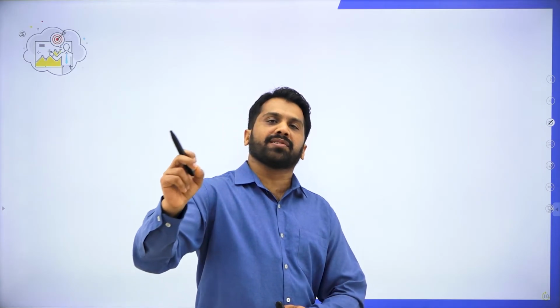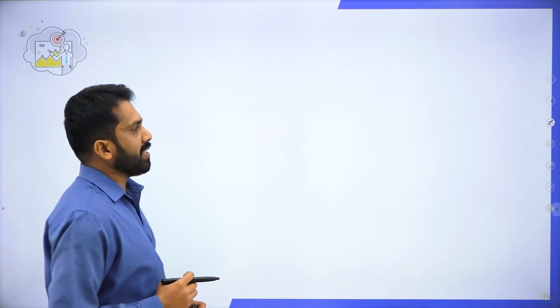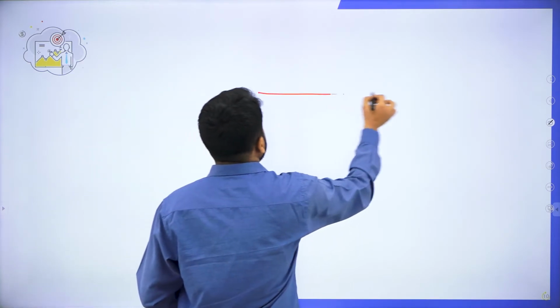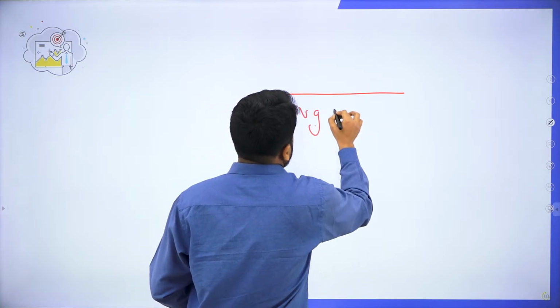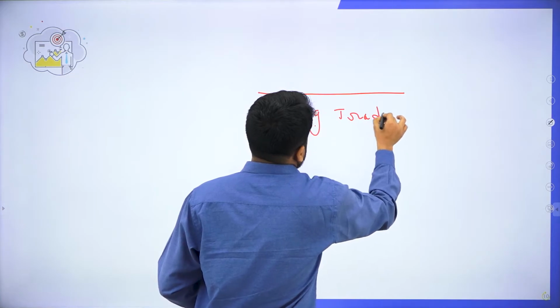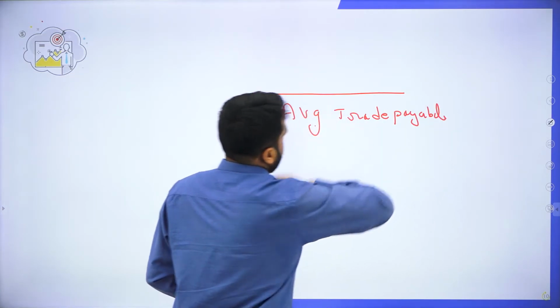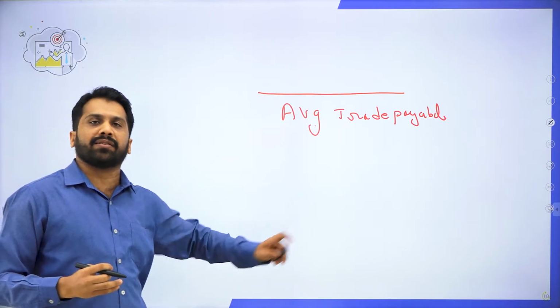The next one is trade payable turnover ratio. So what is the formula for trade payable turnover ratio? Always remember, this will be net credit purchase divided by average trade payable. I am doing this to make you understand how to calculate.